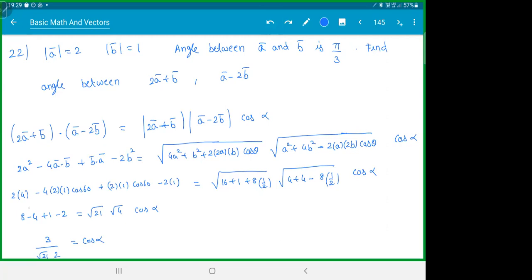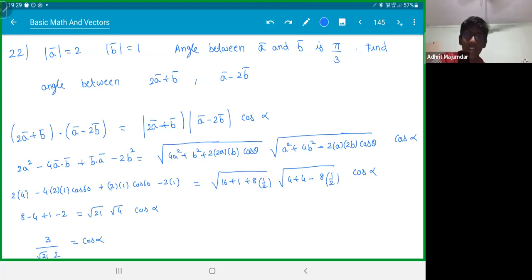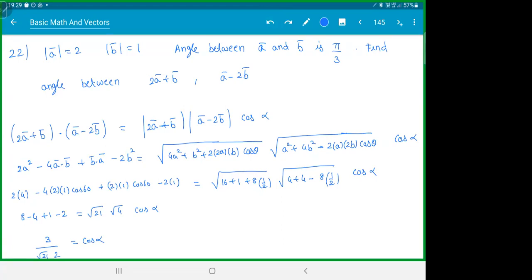Did you get the same thing here? I'm getting a 3 in the numerator. You got a minus 1 in the numerator. The denominator is the same; I didn't square the a, so I got 4. The denominator we got the same, but your numerator is messed up. So this is 3 by root 21 into 2.